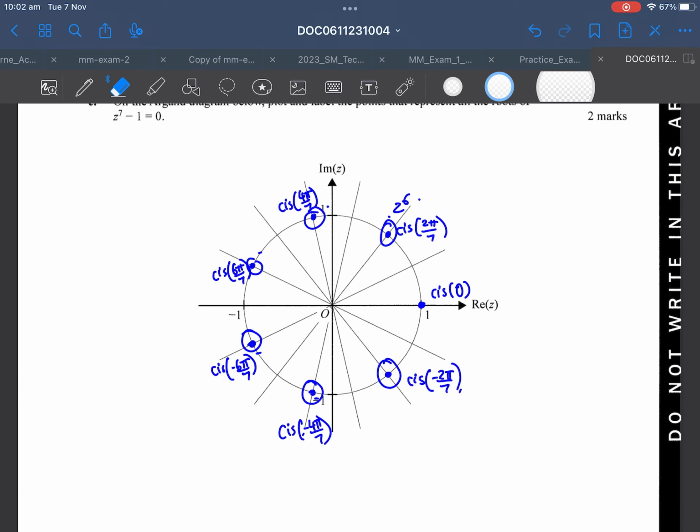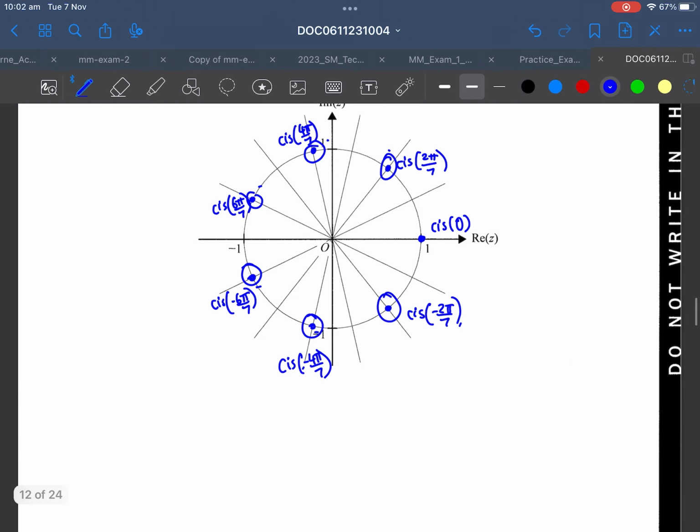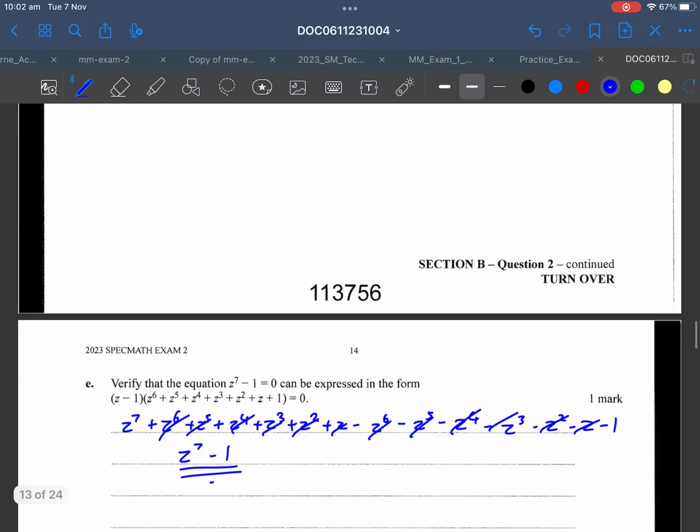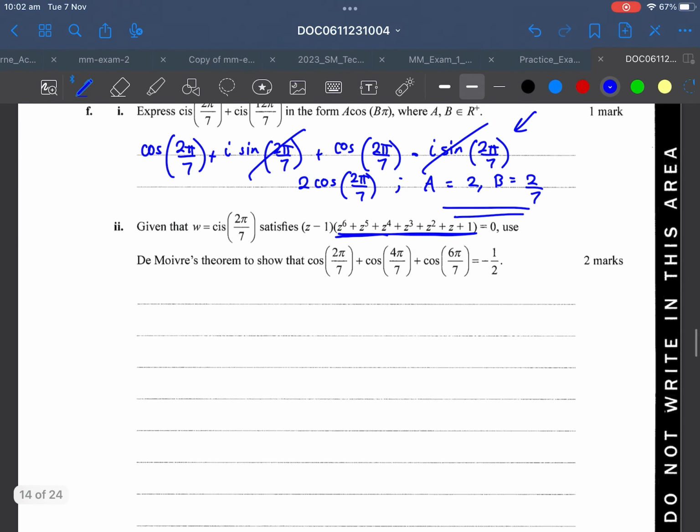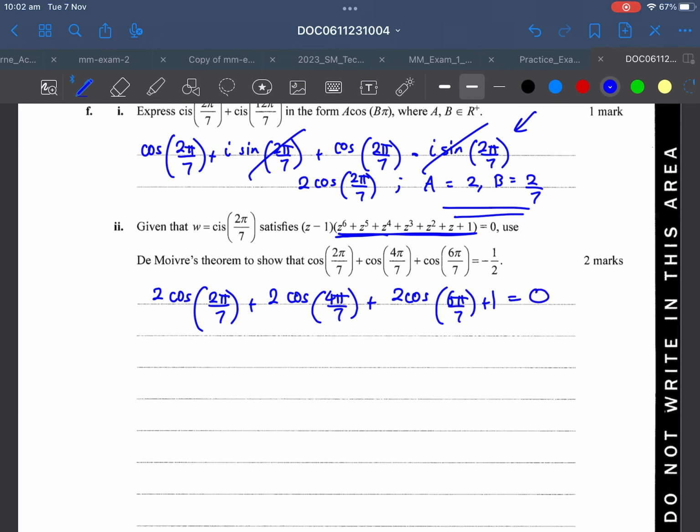Okay, so using that symmetry, we can say that, hold on, okay, my iPad's been a bit weird, but anyway, we can say that 2 times cosine of 2 pi on 7 plus 2 times cosine of 4 pi on 7 plus 2 times cosine of 6 pi on 7 plus 1 equals 0. Now that plus 1 comes from here, okay?